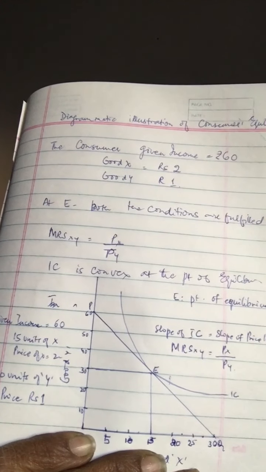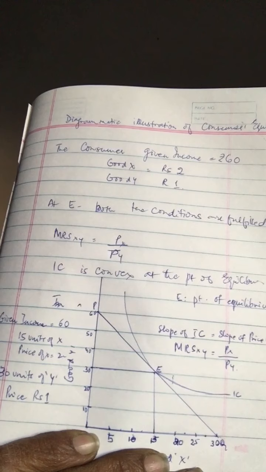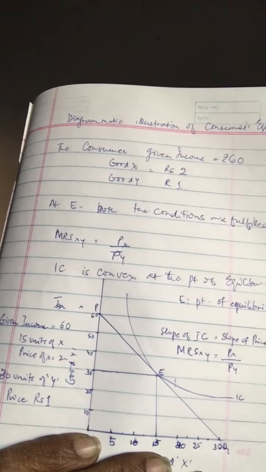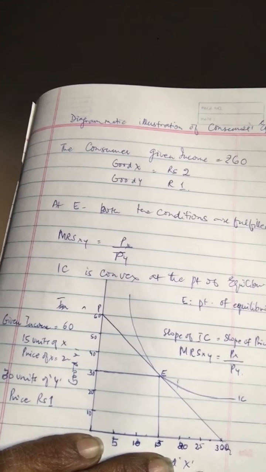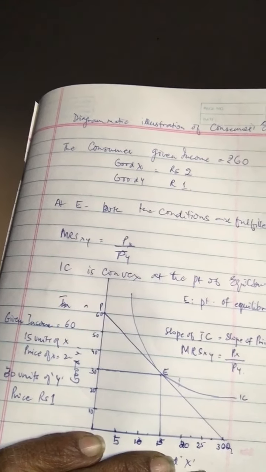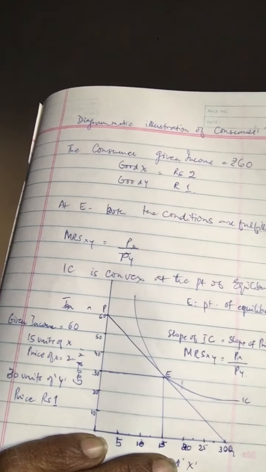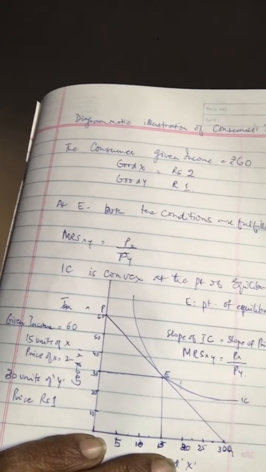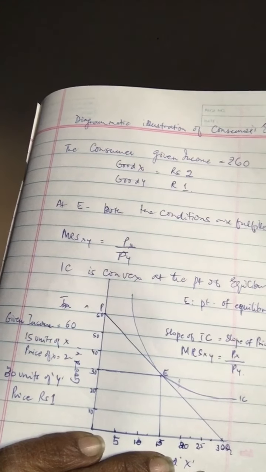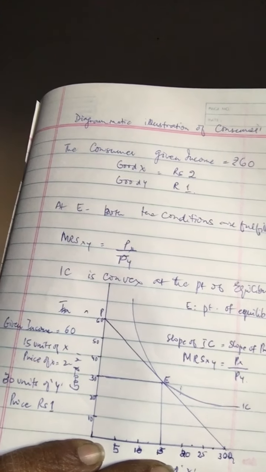Now at point E, the consumer is willing to sacrifice 2 units of Y for 1 unit of X, which is equal to MRS. This is exactly equal to the rate at which the market allows him to substitute X for Y. That is, Px upon Py is equal to 2 upon 1. So at the point of equilibrium, the consumer is buying 15 units of good X at the price of rupees 2 per unit and 30 units of good Y at the price of rupees 1 per unit.